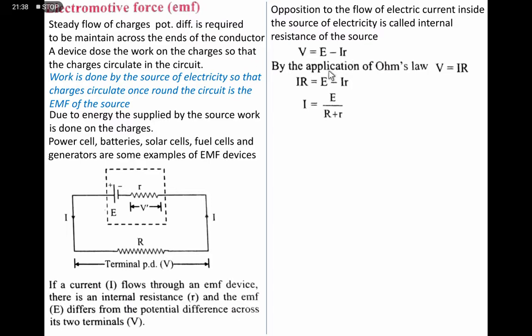If we divide by I, we get the internal resistance of the source.